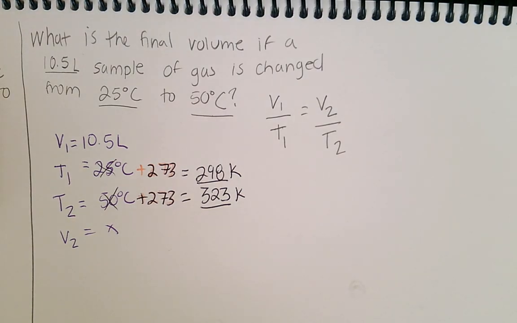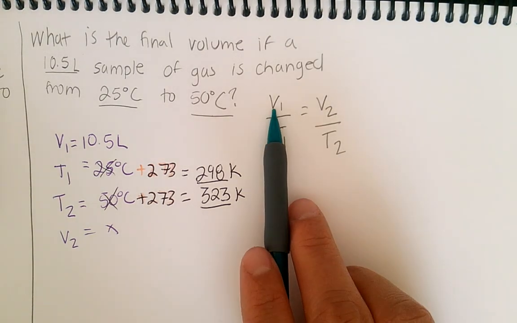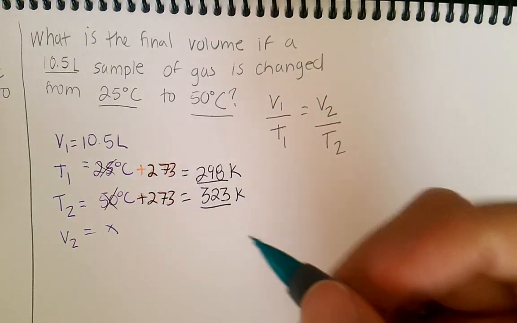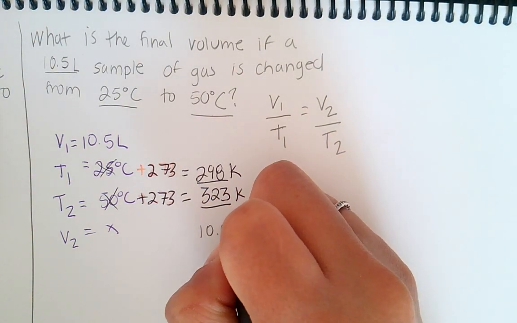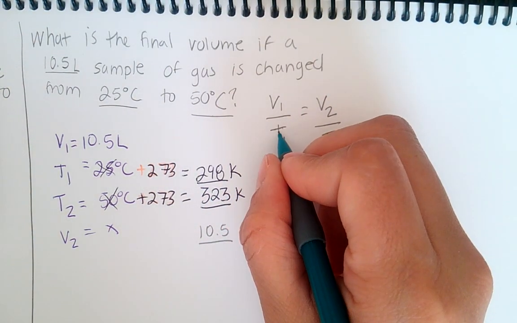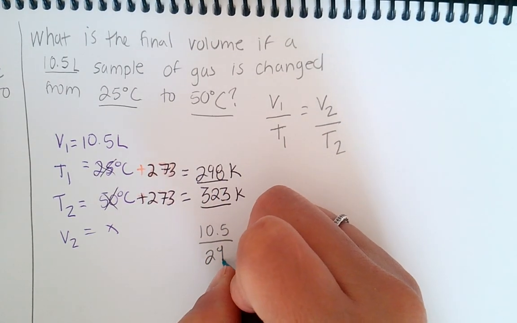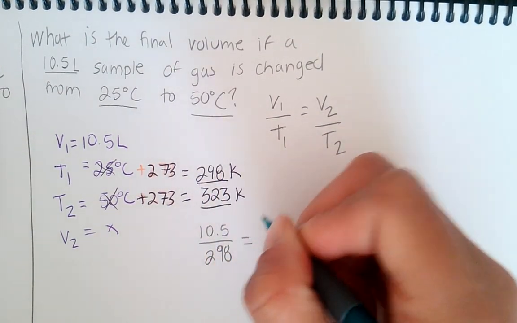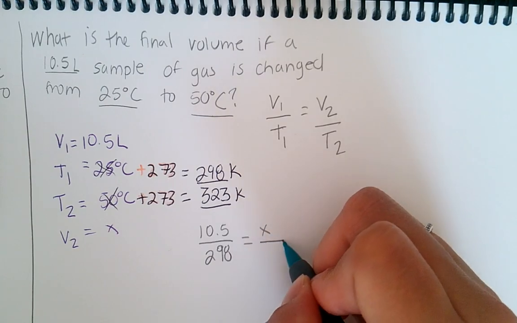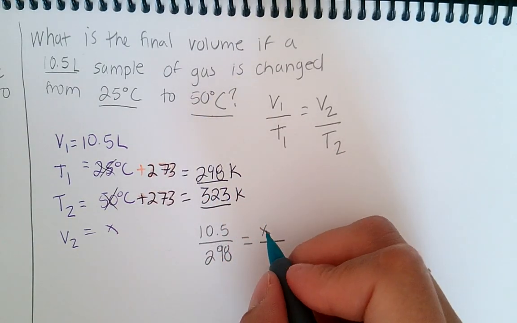So let's put all this in the formula. V1, we have 10.5 over T1, our temperature 1, which is 298. And that is equal to V2, which we don't know again, over T2, which is 323.